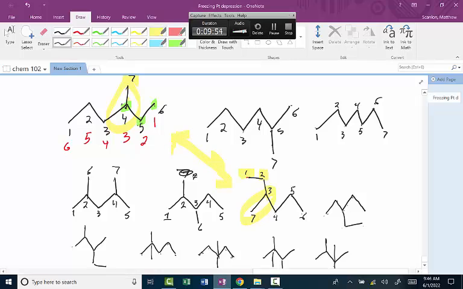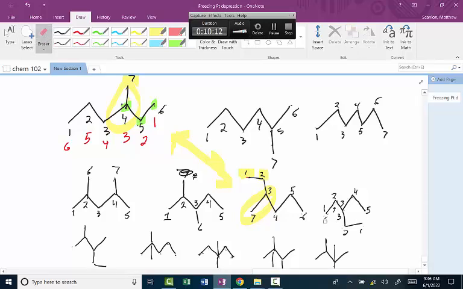How about this one? We have 1, 2, 3, 4, 5. Can we count a different way? We can do 1, 2, 3, 4, 5. Yeah, this is all very similar here.